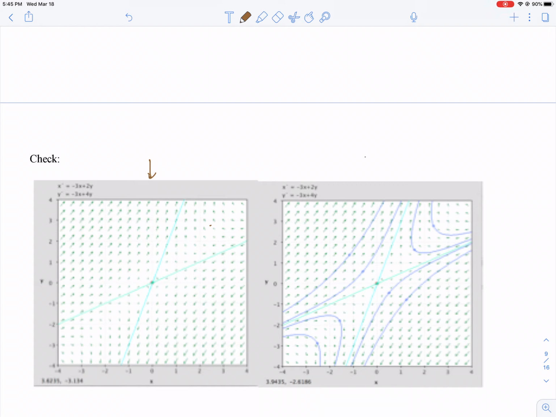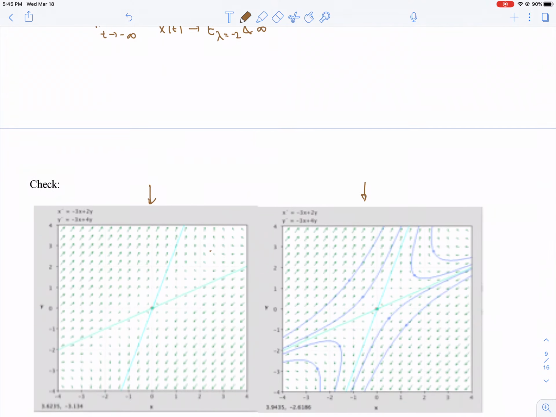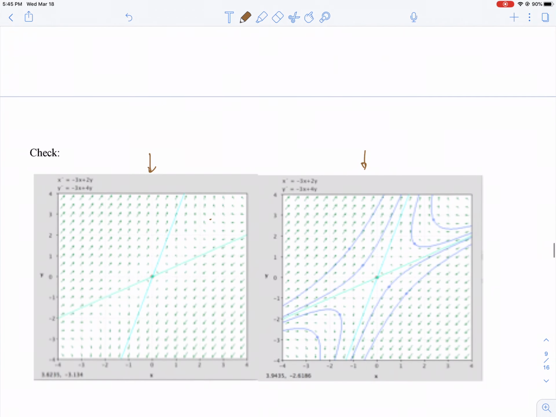And by tracing the solution trajectories and the eigenspaces, we qualitatively really understood what all the solution trajectories look like. So, proof of concept.